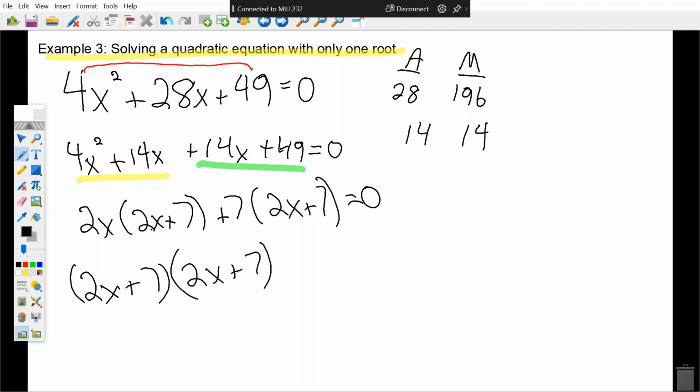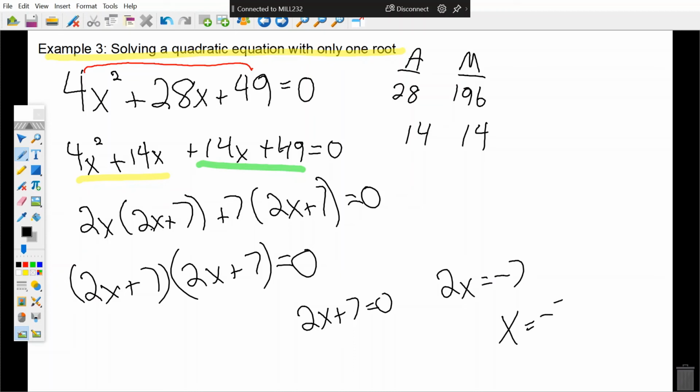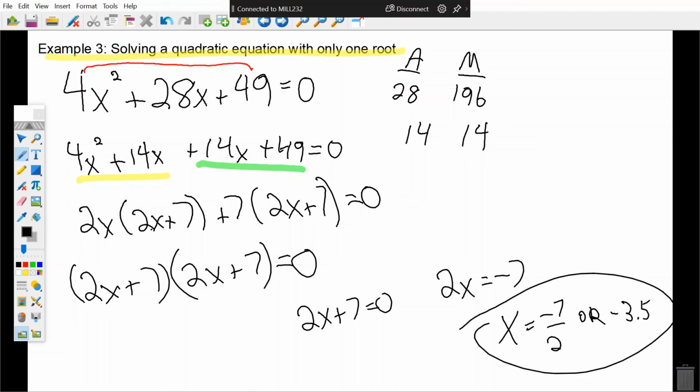Now, you can notice, hopefully, that these two are the same, right? They're both the same. So when we solve it for 0, we get x equals negative 7 over 2, or negative 3.5. That's our answer. We only have one root, or one x-intercept.